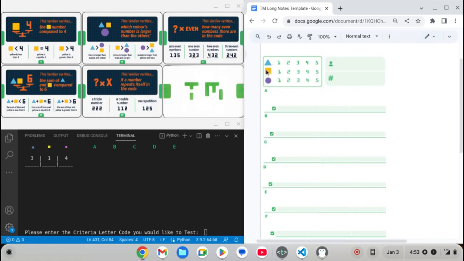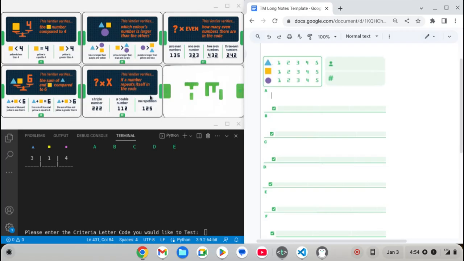Criteria card D will take a look at our first 2 digits, triangle and square, add them up, and compare the sum to the number 6. So should the sum be less than 6? Should it be equal to 6? Or should the sum be greater than 6? And finally, criteria card E will again take a look at the 3-digit solution, except this time the Turing Machine will let us know a little bit about the structure of the solution.